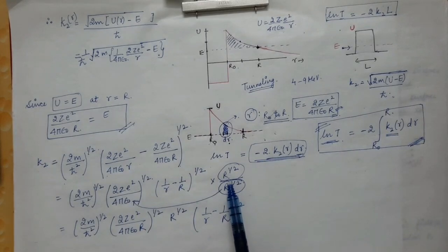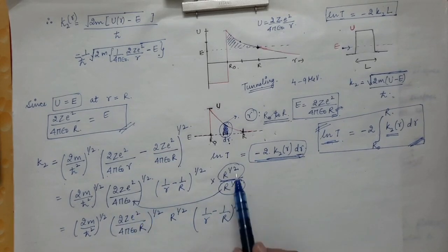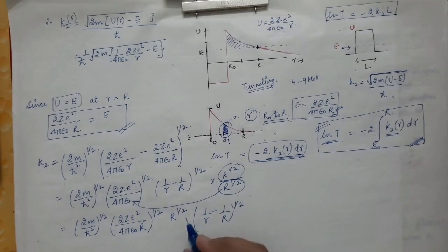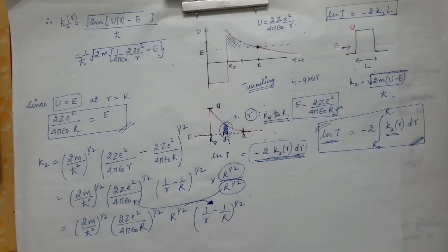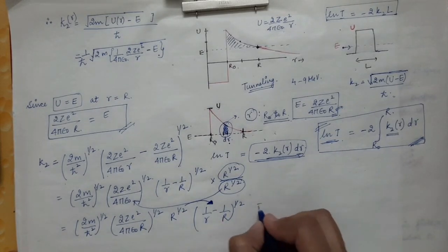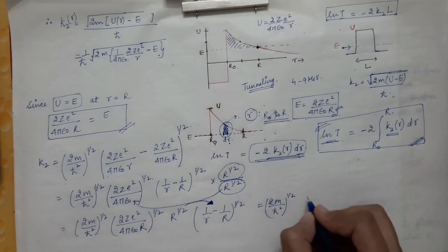So we had just multiplied and divided this whole equation by r^(1/2), and then we clubbed this r^(1/2) with this term, and now the remaining r^(1/2) term will be multiplied inside this bracket. So you will get (2m divided by ħ²) to the power 1/2.